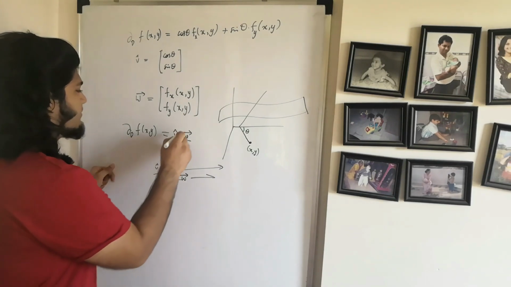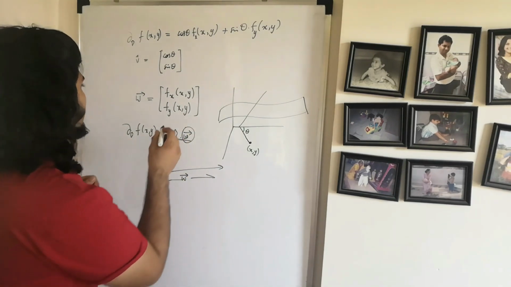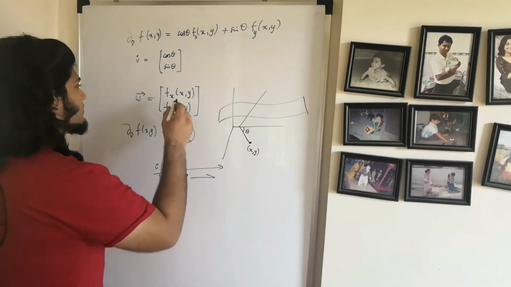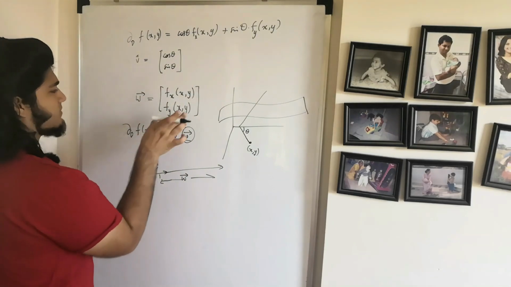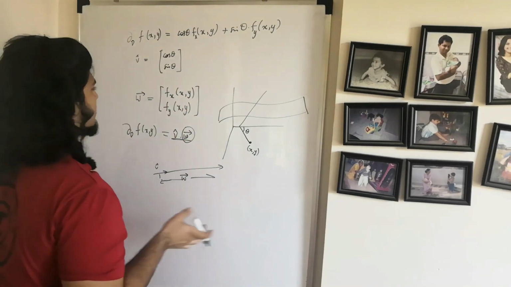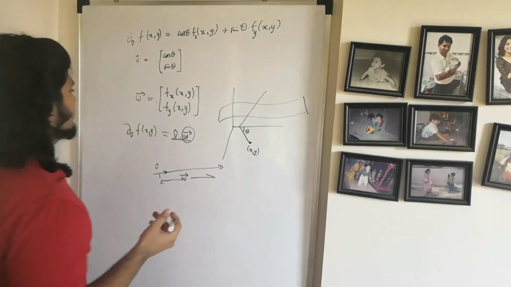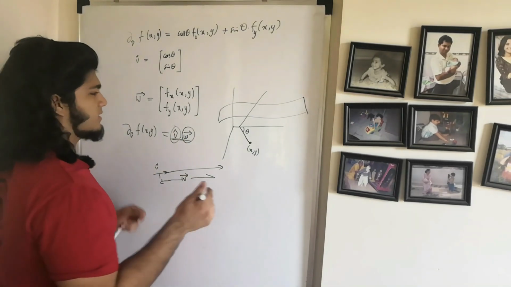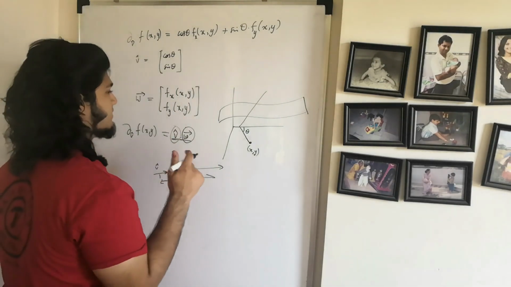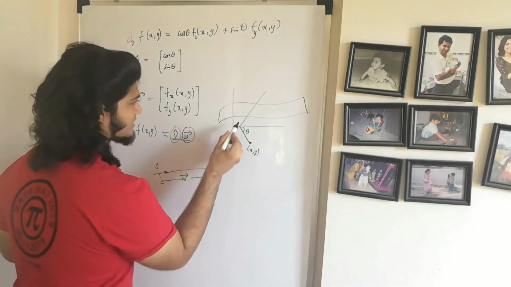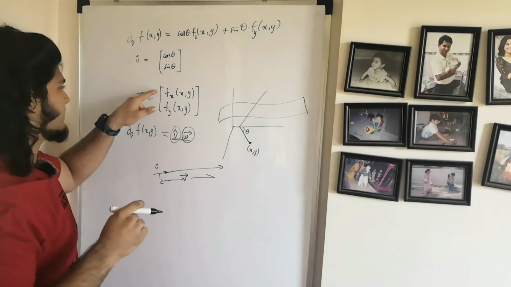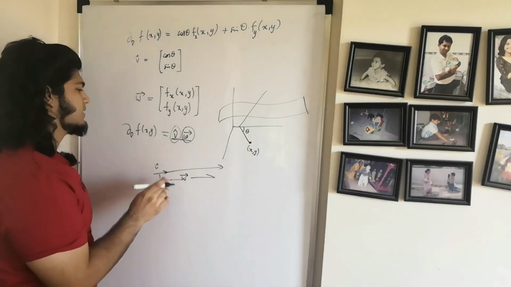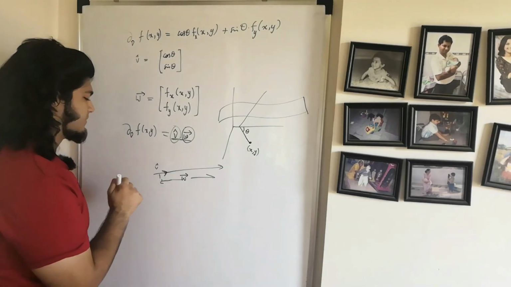And well, w vector is fixed because for any given point x comma y, the partial derivative in x is fixed, the partial derivative in y is fixed for a given function f. So we can only change v hat, and what v hat should we put so that this dot product is maximized? Well, v hat should be in the same direction as this vector. So if I make this vector like this, v hat should be pointing in the exact same direction.